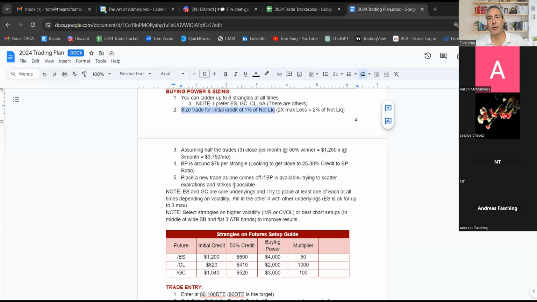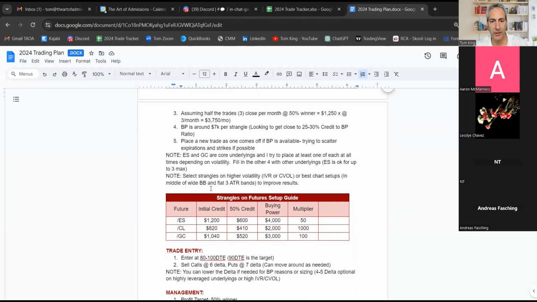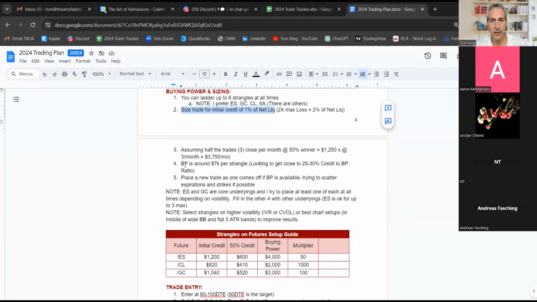So I don't want to lose more than $8,000 on this trade. I'm willing to put in 4,150 bucks worth of credit on these particular trades, but I am sizing a little bit lower than that in some situations, and I'll tell you why that is here.